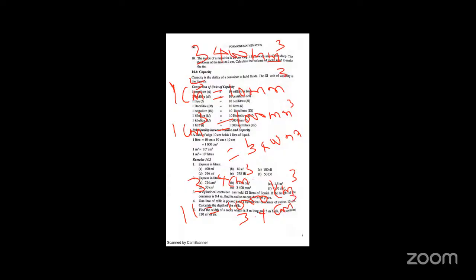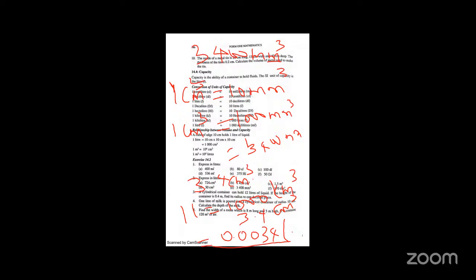When you use that, in terms of liters, it will be equivalent to 3.4 divided by 1,000, which is 0.0034 liters. So that is the easier way in which you can do it.